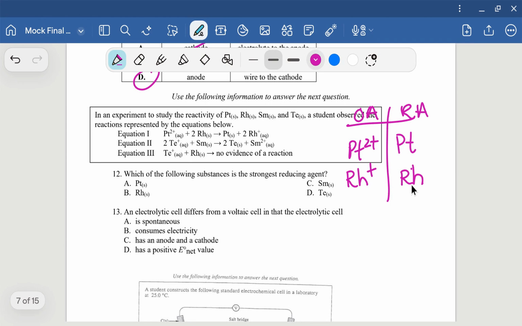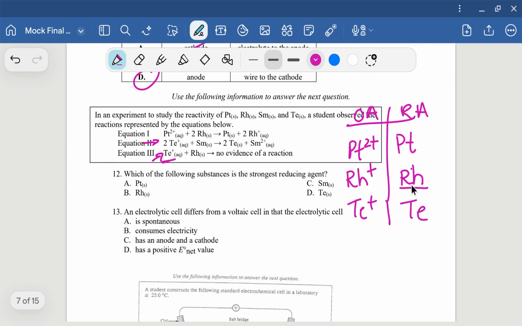I'm going to skip down to this one just because for my order, it doesn't really tell us anything yet if I do the second one. But with this last one, if there's no reaction, that means your RA has to be higher than your OA. So I know that my Te positive would be lower down, and then it would give me Te solid.